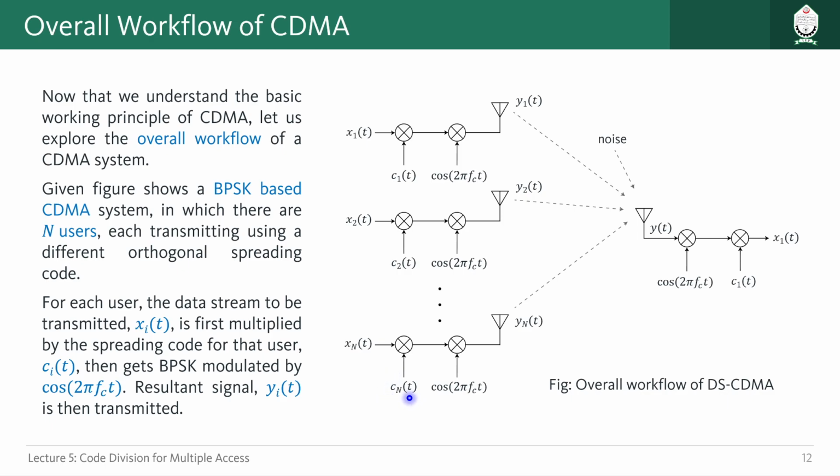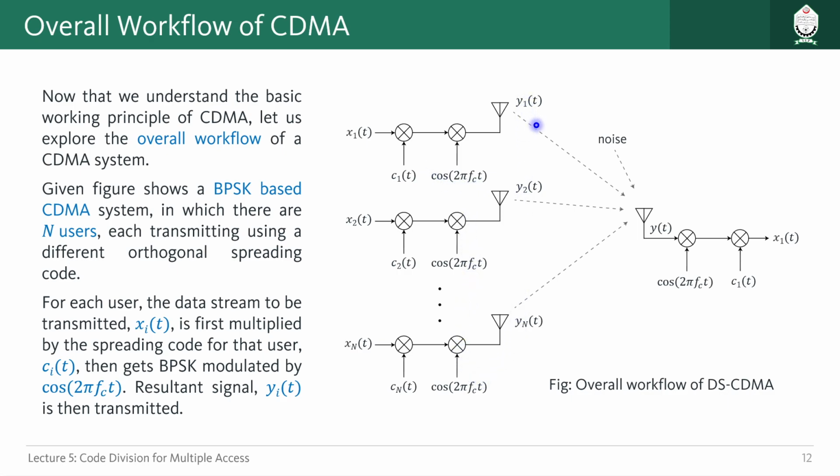And using these codes, first of all, we have to spread our signals. So all of them will get spread, and that signal will then get multiplied with cos 2 pi fct for digital modulation, right? So all of them will get modulated with the same signal cos 2 pi fct, and that will be transmitted.